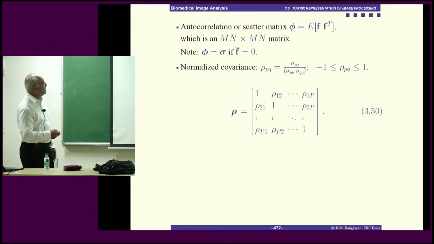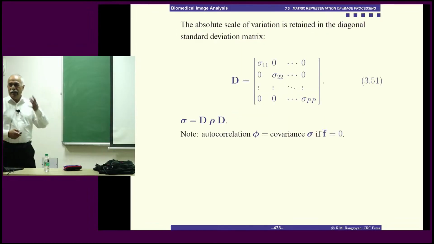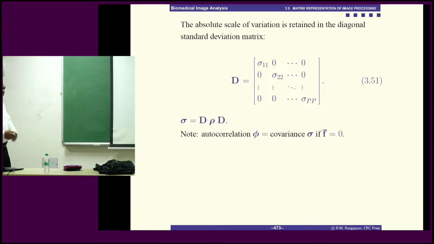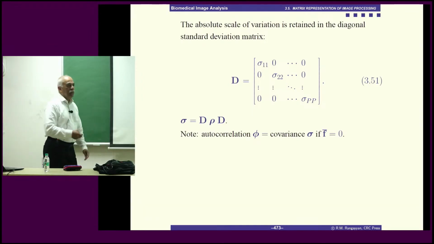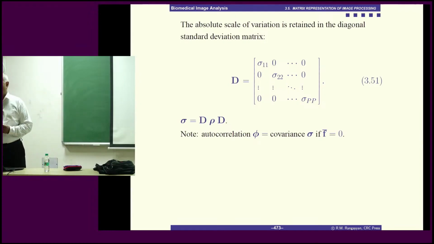When you normalize, the diagonal is 1, but you need to keep that factor of the variance. Then sigma is D rho D. If the mean is 0, then the autocorrelation and covariance are the same, but in images, it is not common to encounter 0 mean.